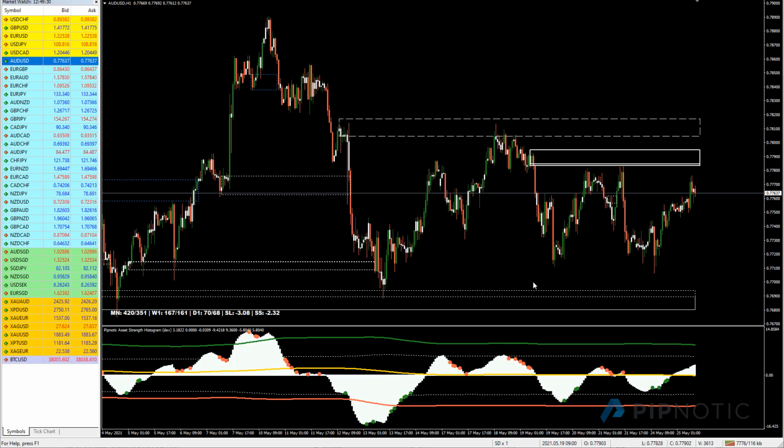When price pokes into the area, you can see that the histogram is moving above this dotted white line, which tells us that we are entering the beginning of a sell zone. When we are below the zero line, we are entering a buy zone. So the fact that price moved above this area at an area of supply, and we started to print these red dots, tells us very clearly that we are very likely going to start to move away from that.